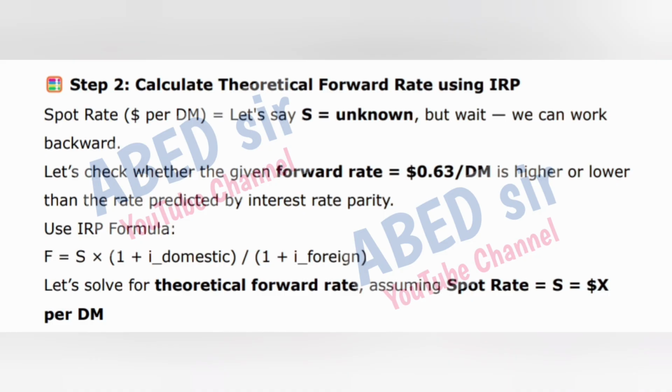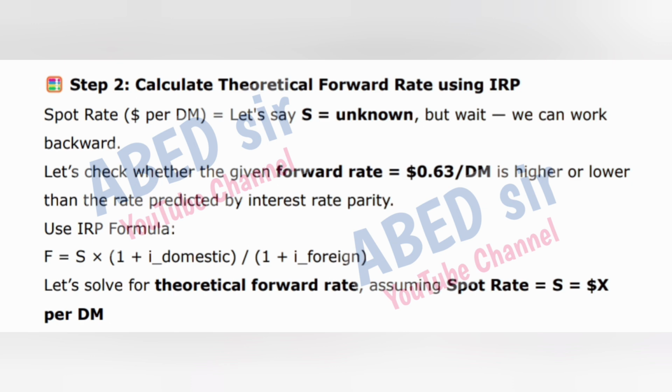Step 2. Calculate theoretical forward rate using IRP. Spot rate, dollar per DM, let's say S is unknown, but wait, we can work backward. Let's check whether the given forward rate of 63 cents per DM is higher or lower than the rate predicted by interest rate parity. Use IRP formula.